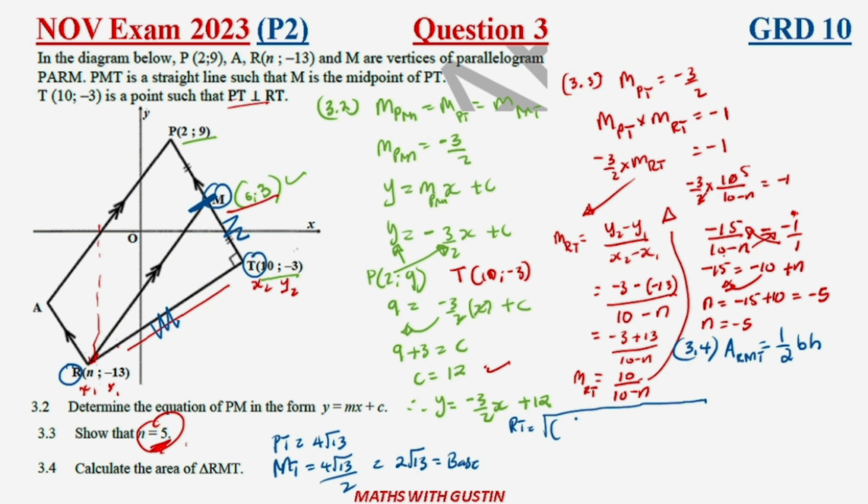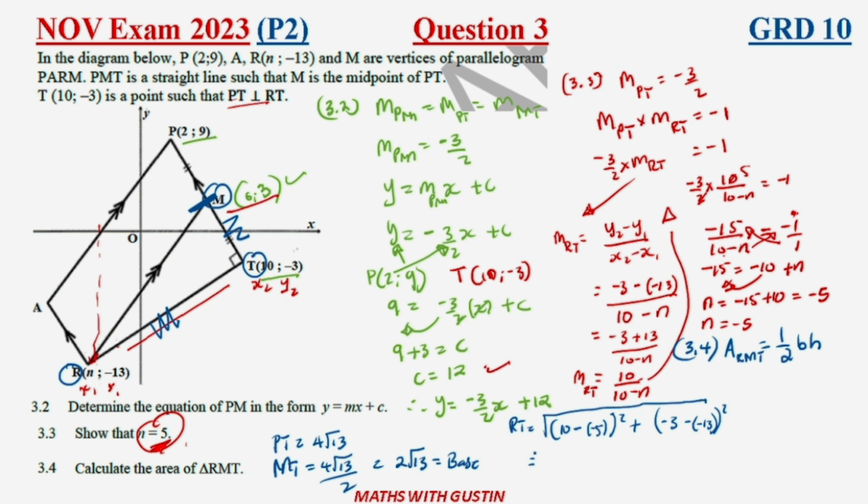We already found n. n is minus 5, so it is just going to be 10 minus minus 5 all squared plus y, which is minus 3 minus minus 13. Okay, I'm just using the distance formula here guys.